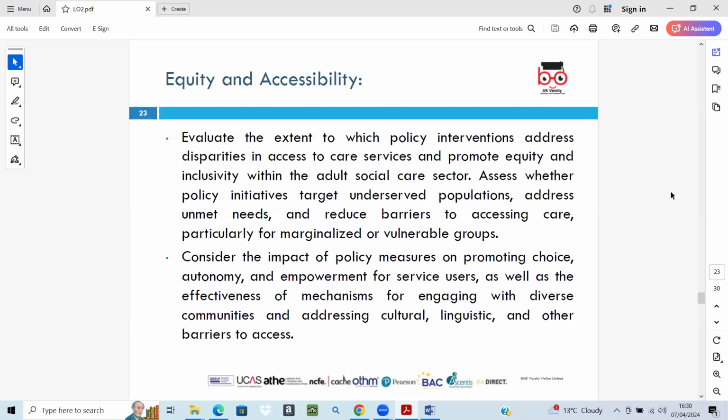Then we evaluate the effectiveness of these initiatives in reaching and benefiting these populations, and whether they have successfully reduced disparities in access to care.